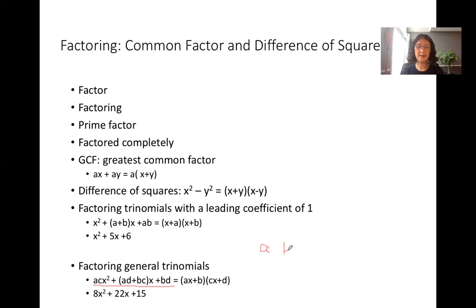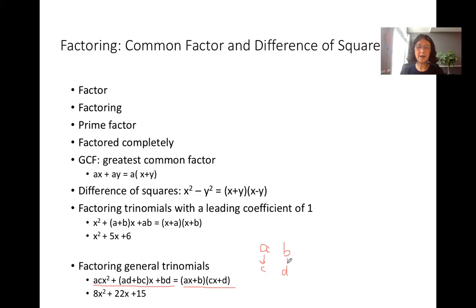Once you identify A, B, C, D, you can factor it to this result. A multiplied by C must be the coefficient of x squared.